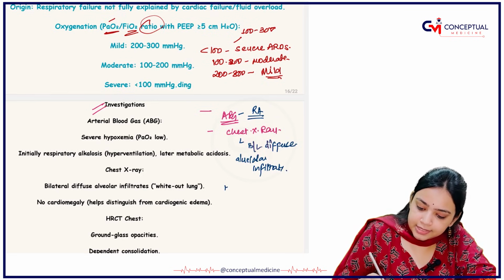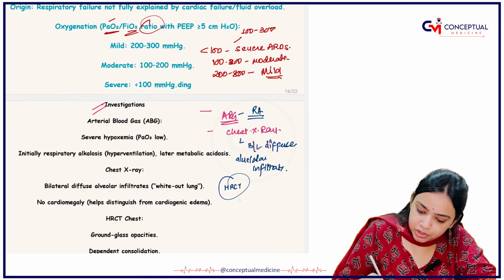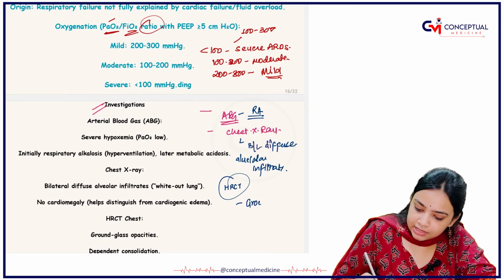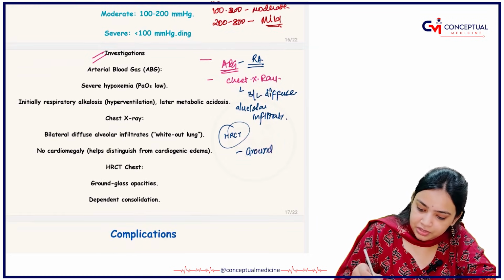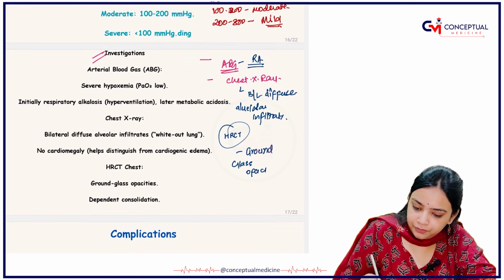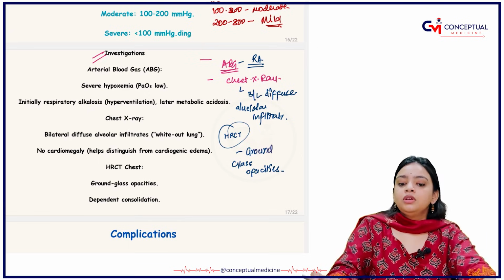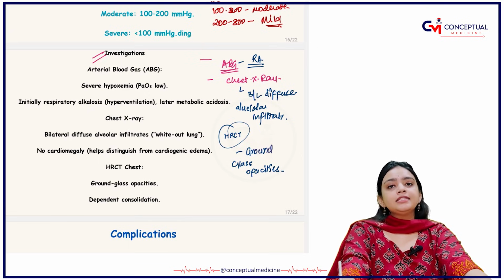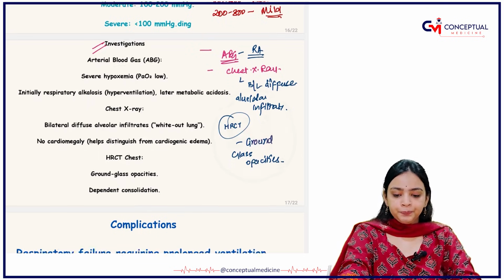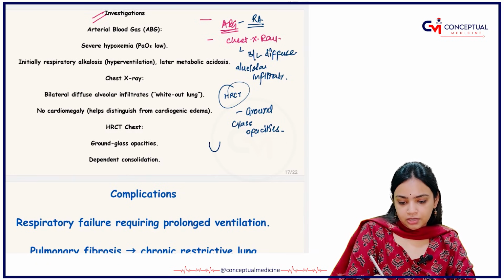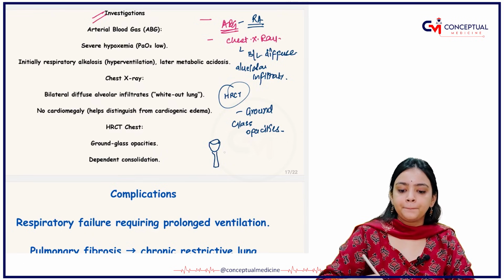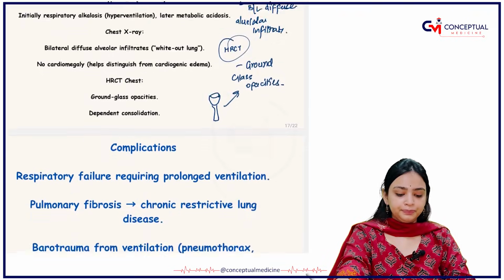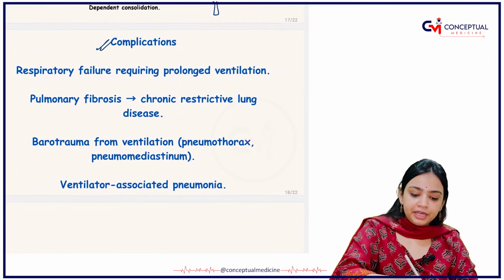In the HRCT, you will be able to appreciate the ground glass opacities. So these are the key findings that you will see in your HRCT, chest X-ray and ABG.